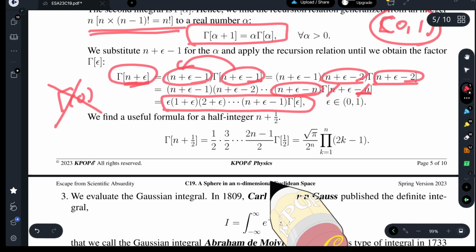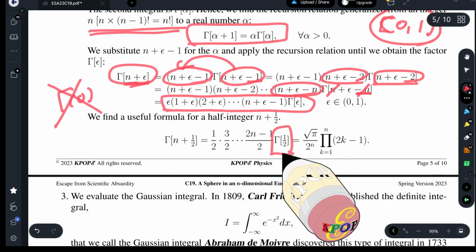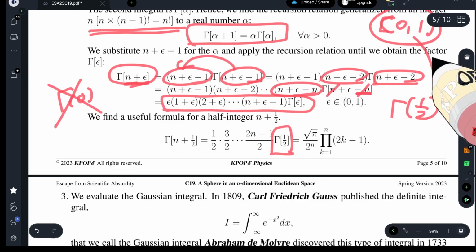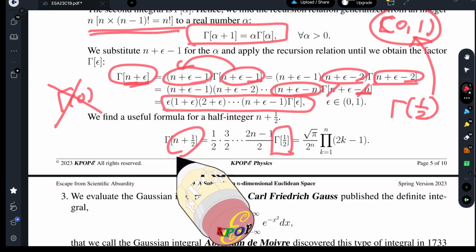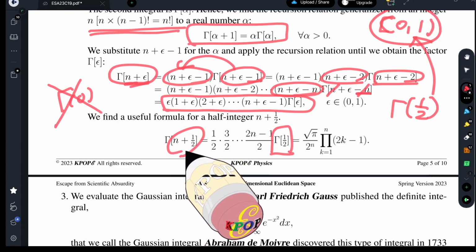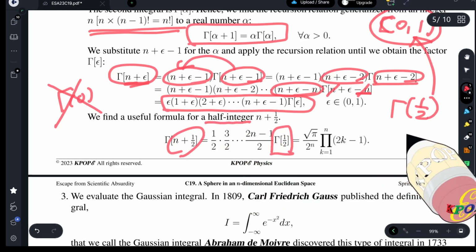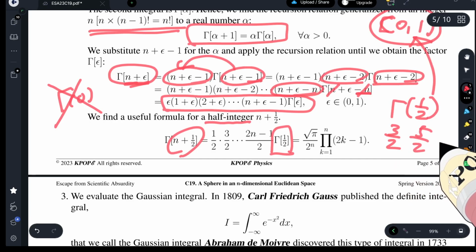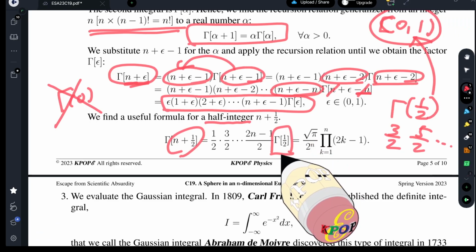This formula is quite useful if I know how to evaluate gamma of 1/2, a fractional number in this region. I can always compute the gamma function evaluated at an arbitrary half integer such as 3/2, 5/2, and so on in terms of gamma of 1/2.